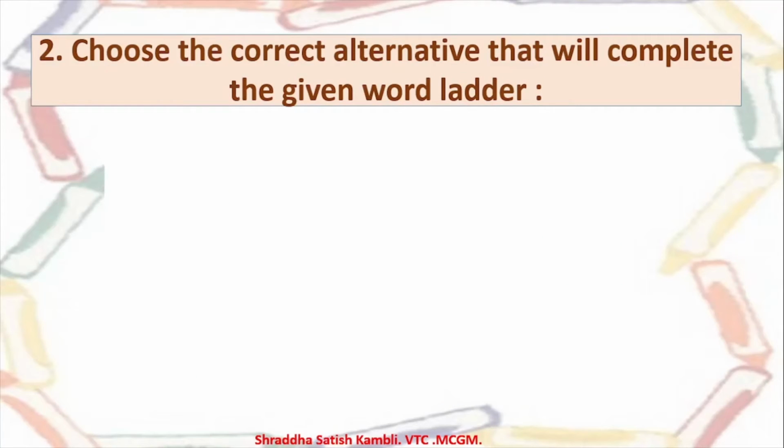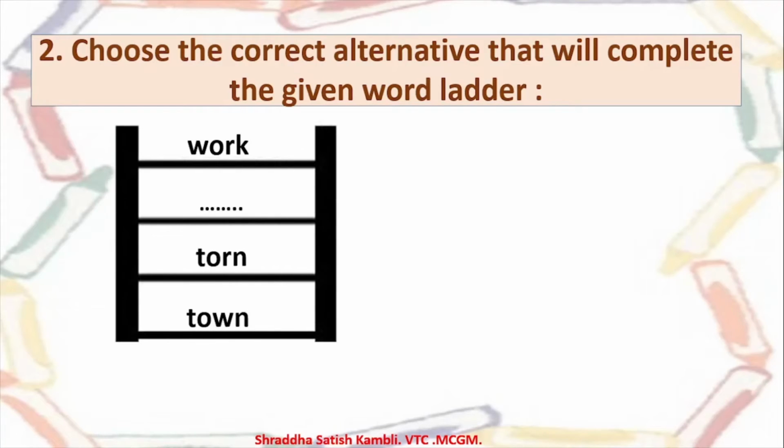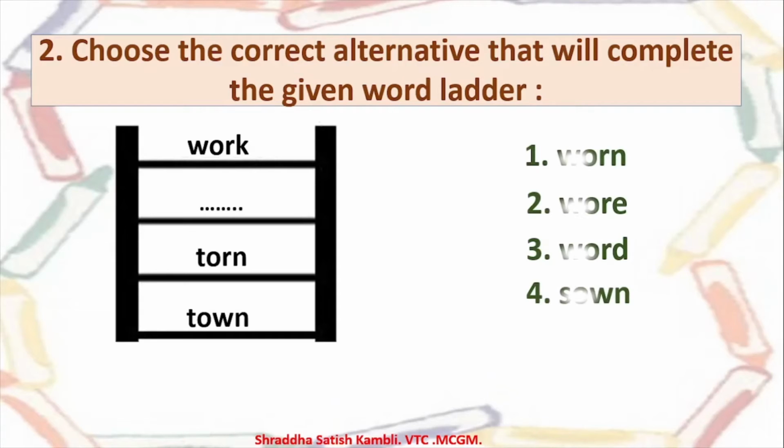Choose the correct alternative that will complete the given word ladder. Here your ladder is. And let us take a look at the options. So you have one worn, the second one wore, the third one word, and the fourth one sown. So you have to go from town, tone, and there is a word which is missing.